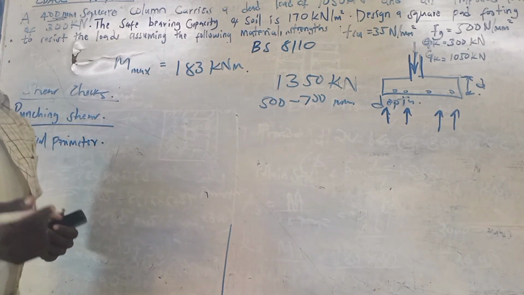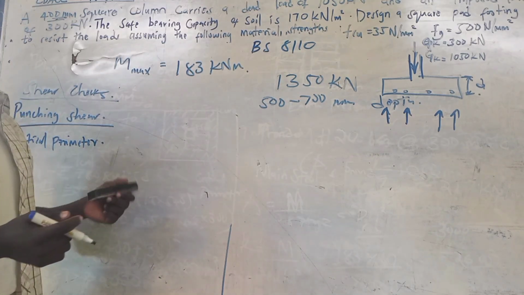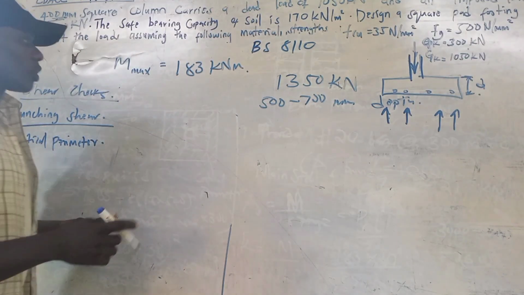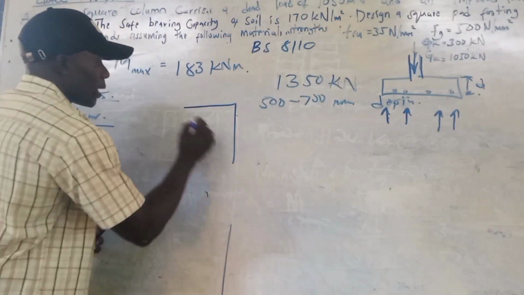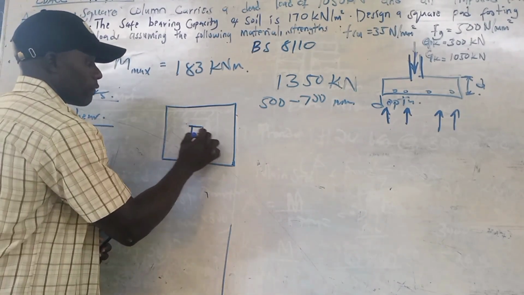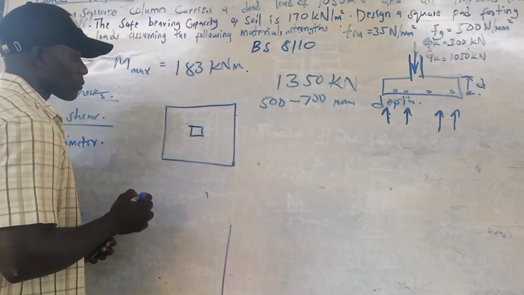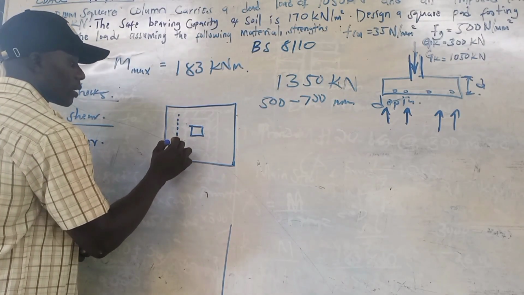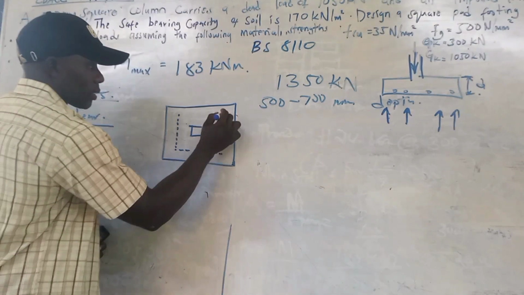Somebody might ask, what is the purpose of determining the critical perimeter? Well, the primary purpose, so I'm going to use this, let me draw a plan of the footing and the column. So the critical perimeter is this one.